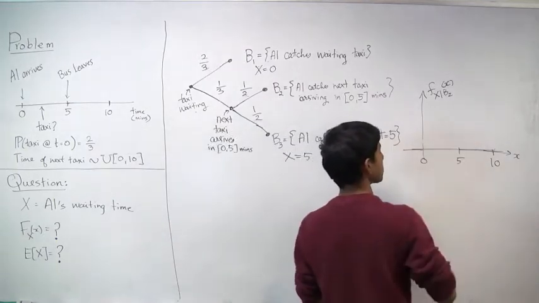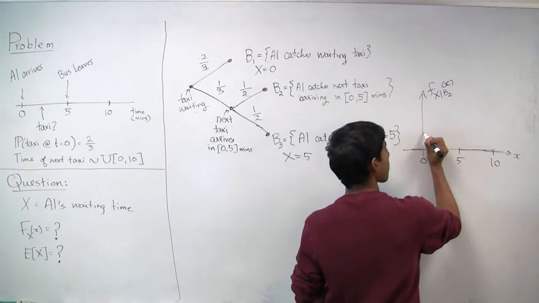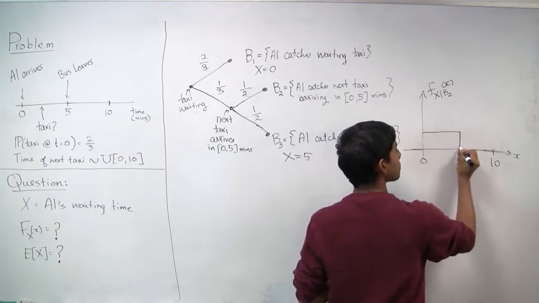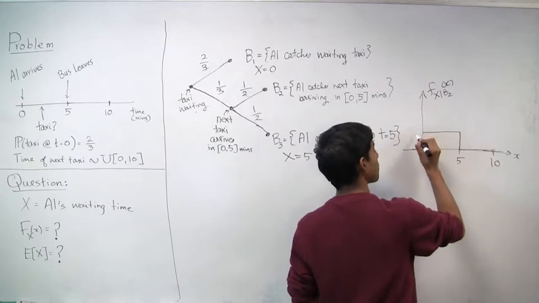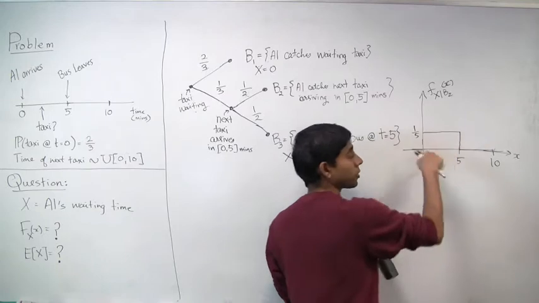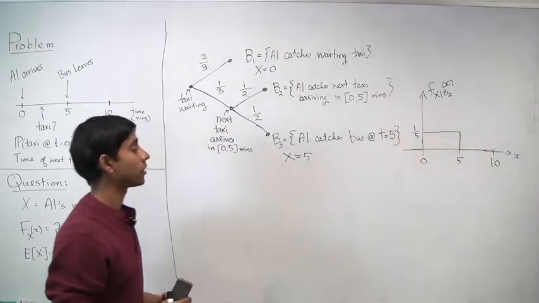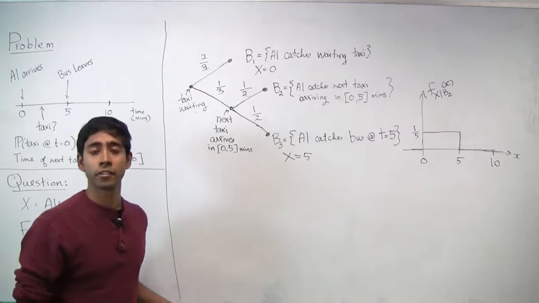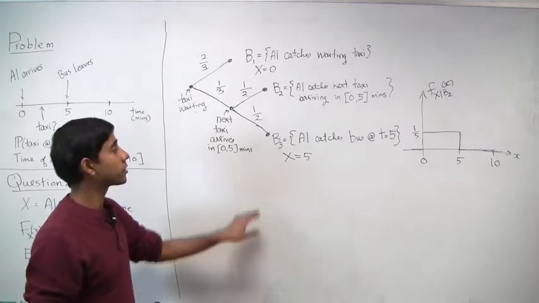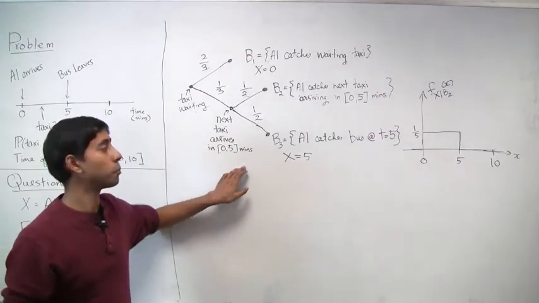And you can verify this by looking at the actual formula for when you condition events on a random variable. Here it's going to be 1/5 in order for this to integrate out to 1. Okay. And now we can jump right into figuring out the expectation. Now notice that x is actually a mixed random variable. What does that mean?